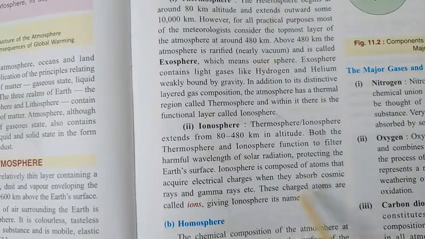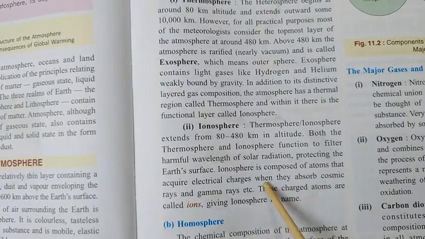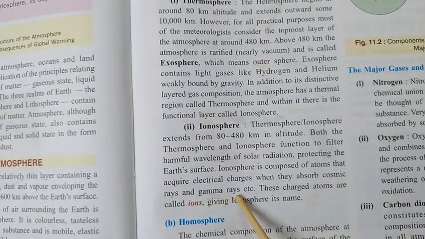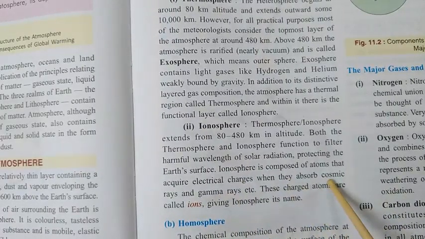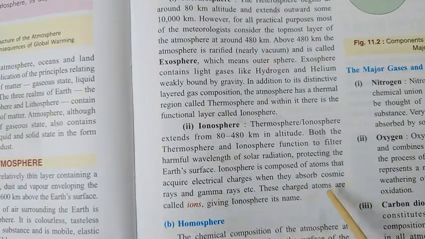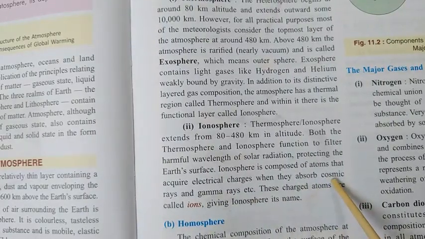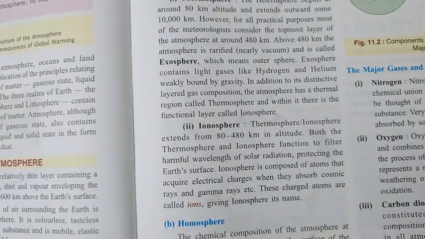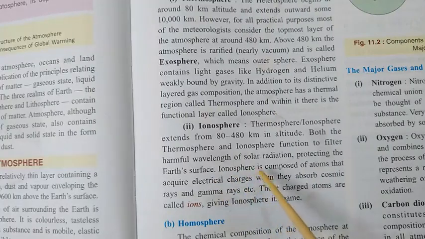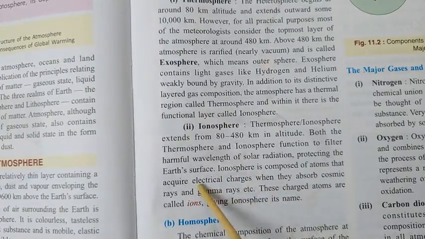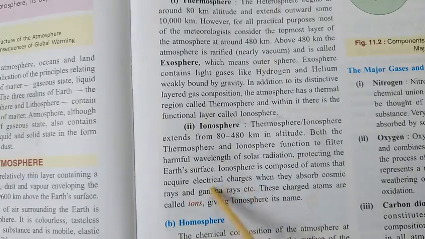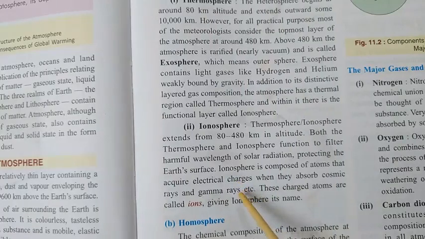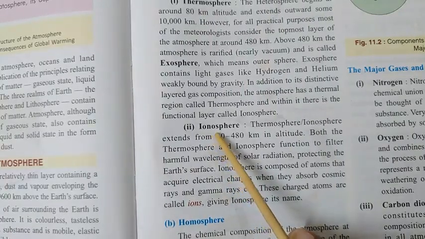They absorb the cosmic rays and the gamma rays. Because they absorb these highly radiated rays, like cosmic rays and gamma rays, these gases become electrically charged, or negatively charged.